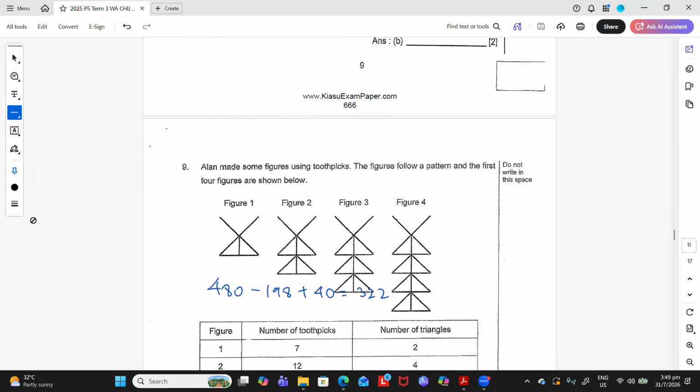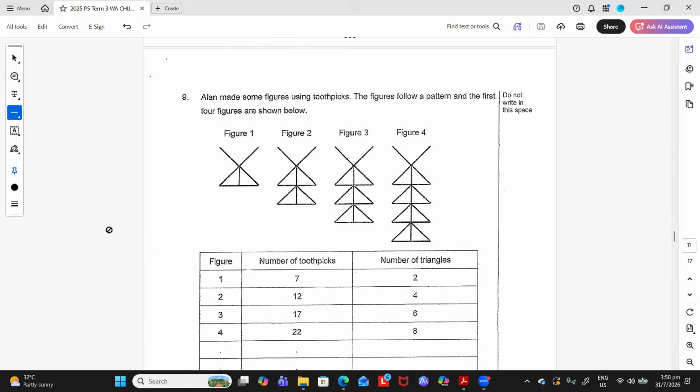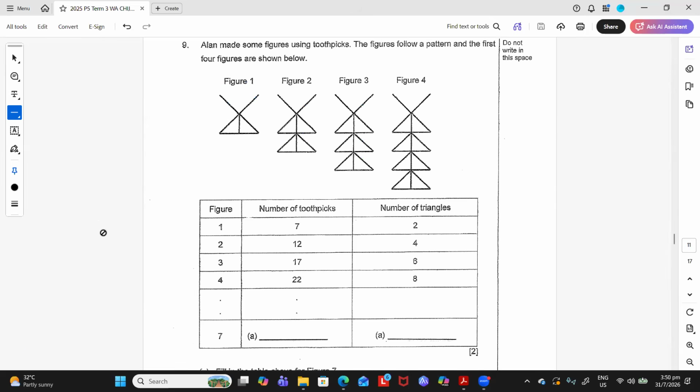Okay, question 9. Let's go and fill up the table. So what's figure 7? Okay, so if it's figure 7, go and find the intervals. So each of these intervals is filled up by the number 5. You see that? So take 7 minus 1, you'll get 6 intervals.